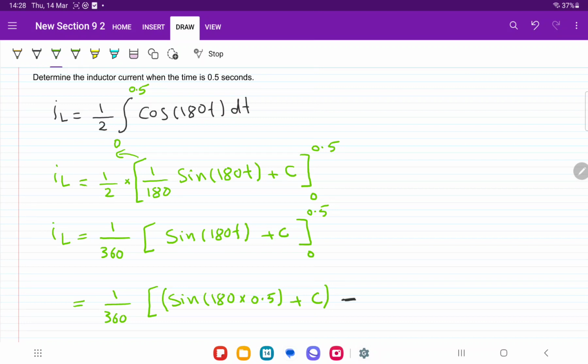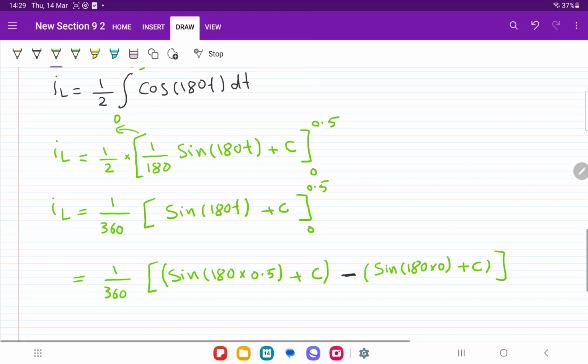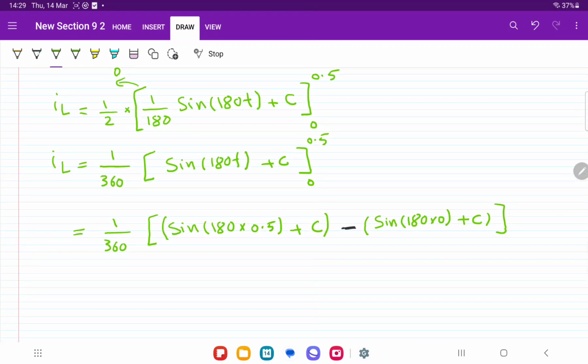We repeat it again, but this time instead of 0.5 we replace t by 0, so it will be sine 180 times 0 plus c, close the bracket. As you can see, you've got plus c minus c, these two will cancel each other.